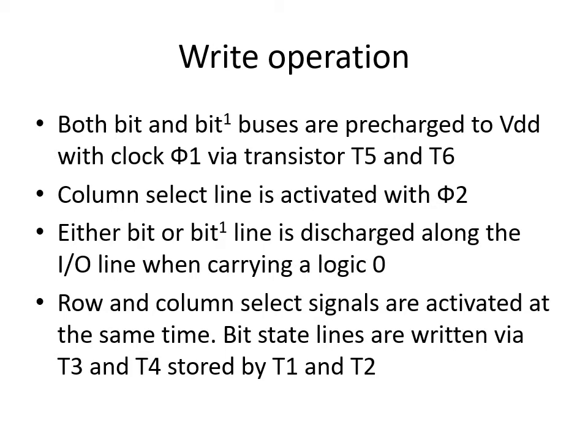So the bit lines are written through the two transistors, that is T3 and T4, and stored in the T1 and T2 transistors. So in case of the 4 transistor dynamic RAM cell, the data that is passed through T3 is stored as gate capacitance in T1, and whatever is passed through T4 is stored as gate capacitance in T2.